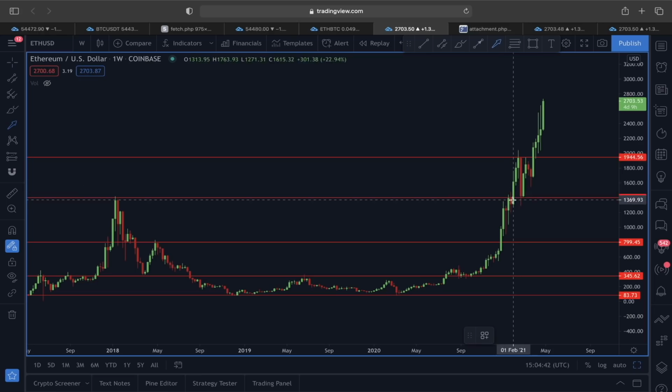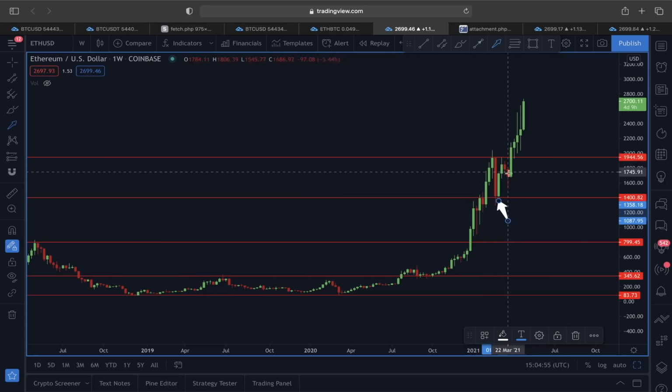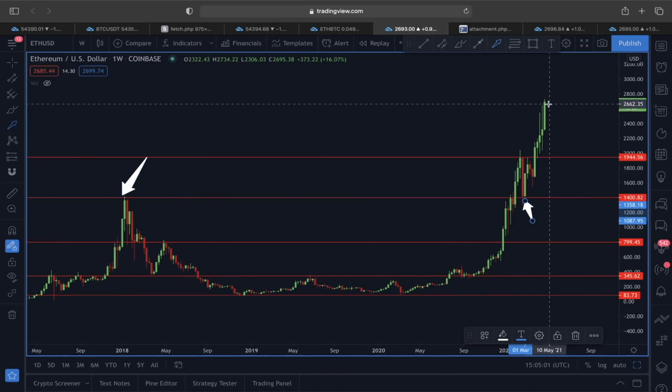But if you look at this price movement, price coming back to trace the previous temporary resistance line is actually not a bearish scenario, guys, because we always see some rejection or even a retest before moving in an upward direction. And this is exactly what happened with Ether. According to this pivotal point theory, it is also showing in a weekly time frame that the price of Ether should continue higher in the upcoming days.